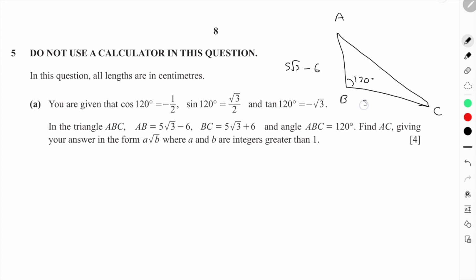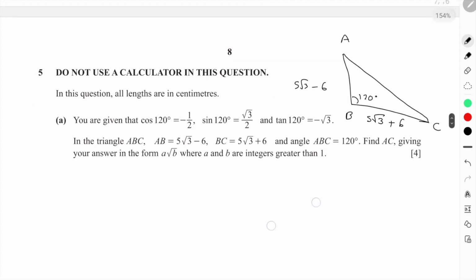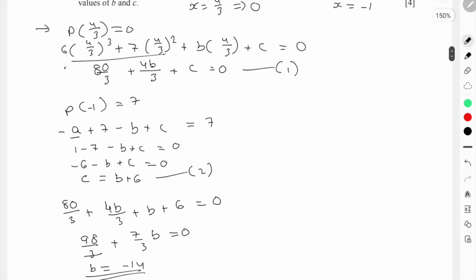Then BC is 5 root 3 plus 6. And then we have to find AC. Okay. So in this one, we just use the cosine rule. So let's scroll up and see what it is.